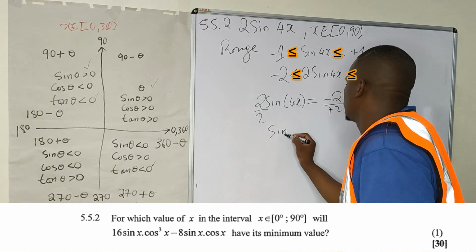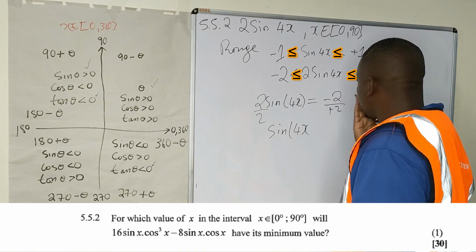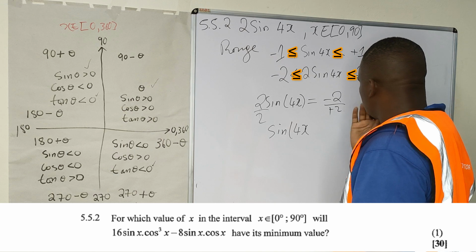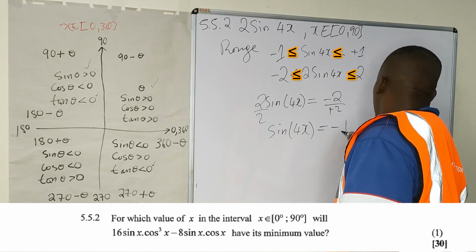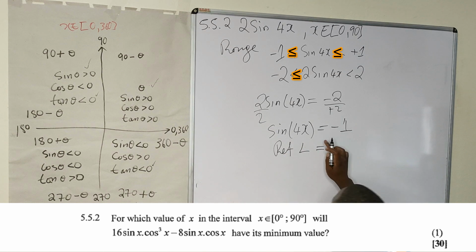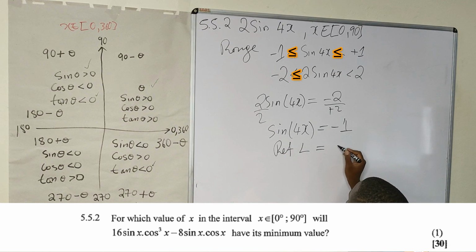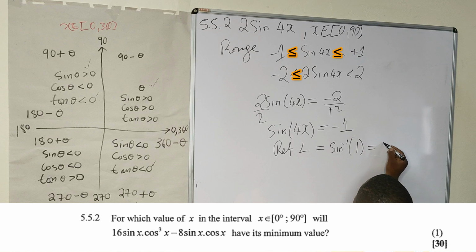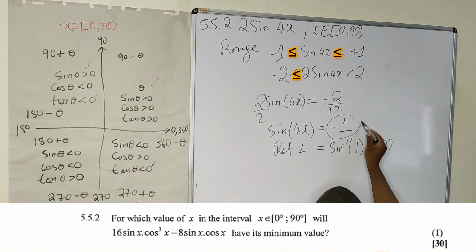So you have sine 4x, right, is equal to -1. So what you do now, you find the reference angle, which will be equal to arc sine of 1, which is equal to what? Is equal to 90 degrees, right? So you go to the quadrants where your sine is negative.